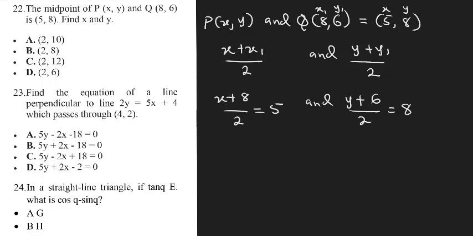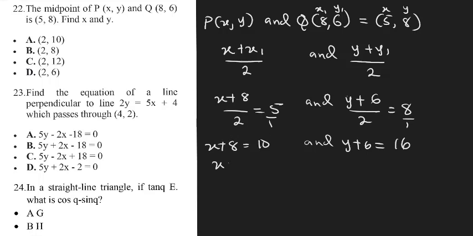So if you balance it with 1, then you cross multiply, you're going to have x plus 8 times 1, same thing, equals 2 times 5, which is 10. And this one will be y plus 6, right? y plus 6 equals 2 times 8, of course, which is 16. So on this side, this 8 will move to the other side, it will be subtraction.